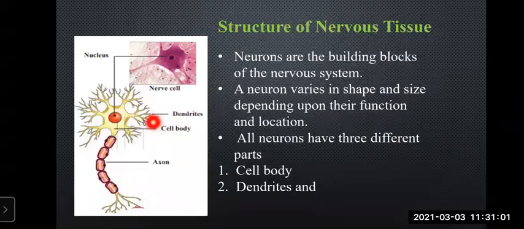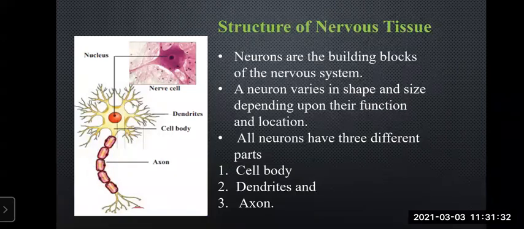Then an impulse, an electric impulse or a chemical impulse is generated, which is carried out from the cyton to an extension. This is a cytoplasmic extension, which is the third part of the neuron, that is known as axon. So the impulse that is received by the dendrites passes from the dendrites to the cyton and to the axon, and it is carried on further.